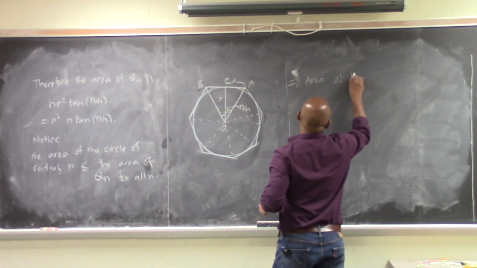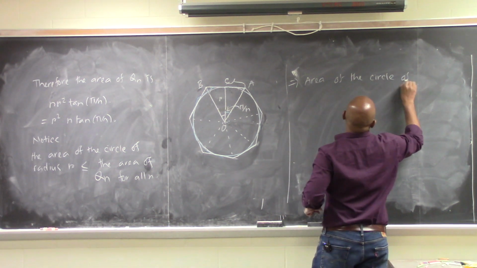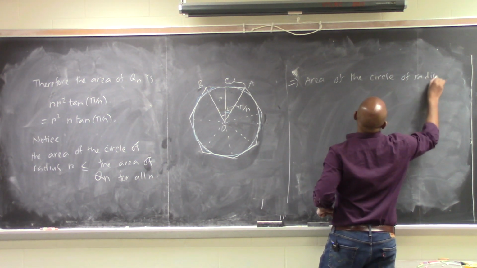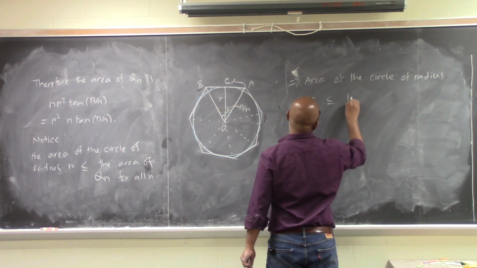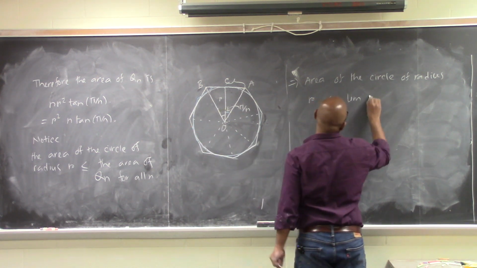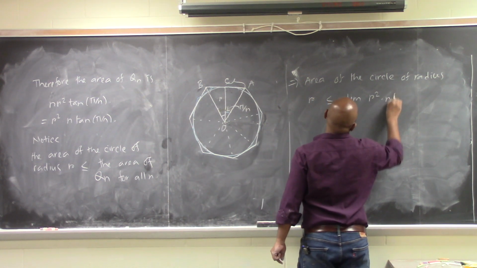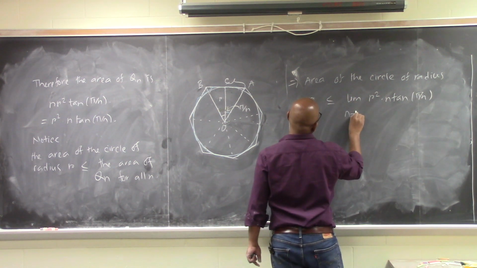So the area of the circle of radius r is less or equal to the limit of r squared times n times tan(pi over n) as n approaches infinity.